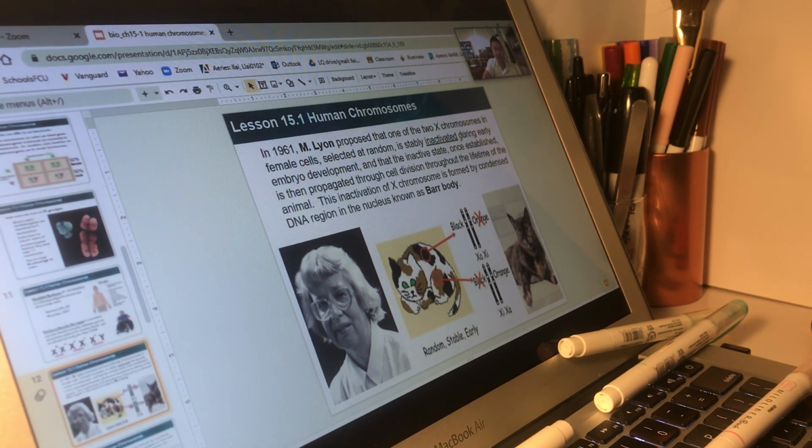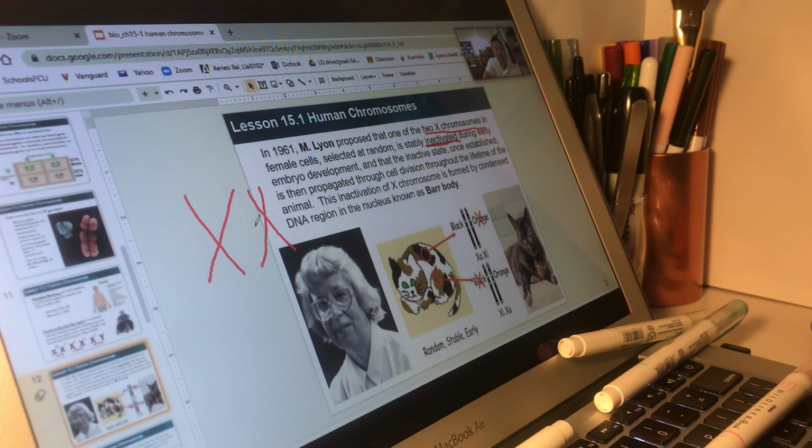She discovered that in females, because females have two X chromosomes, not all women, but in some women and in some mammals, which includes cats, dogs, monkeys, sometimes one of the X's becomes inactive.